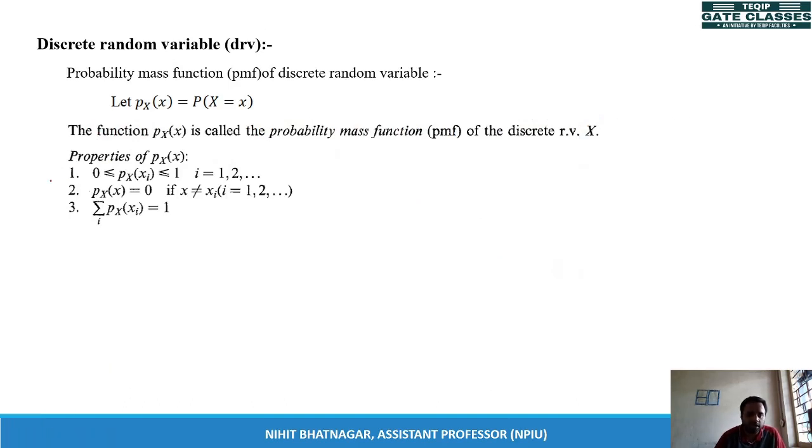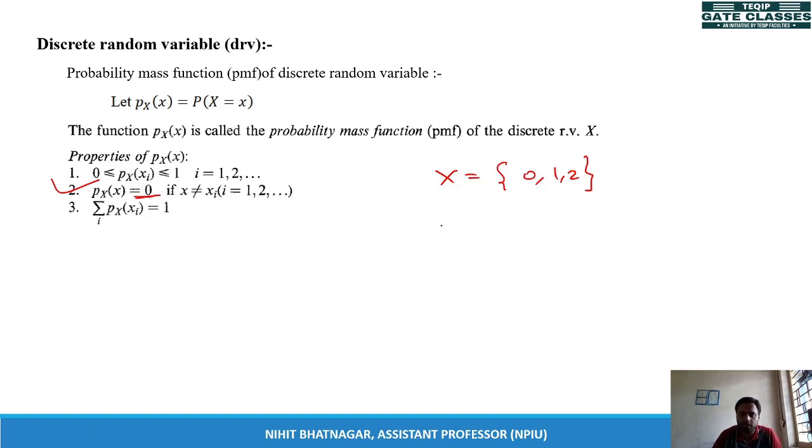Another thing is that a random variable x contains the random values 1, 2, 3. The probability of values which are not part of random variable x is 0.